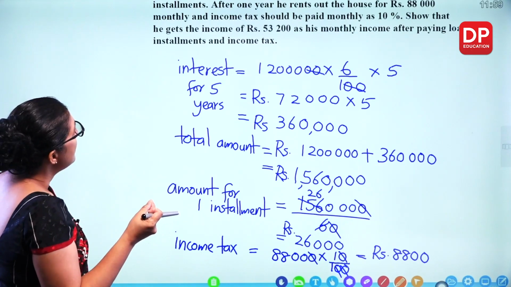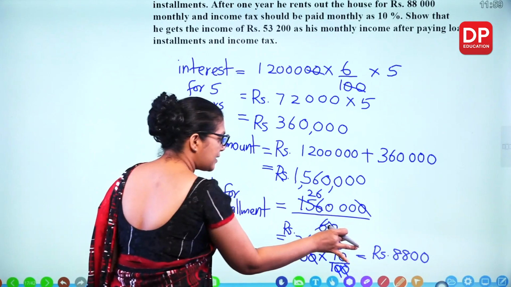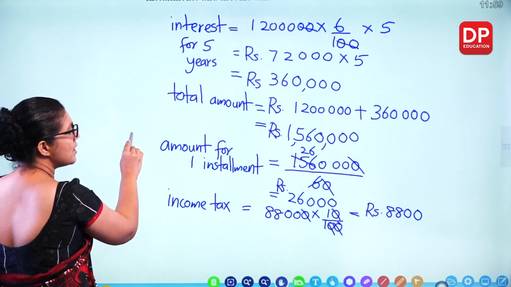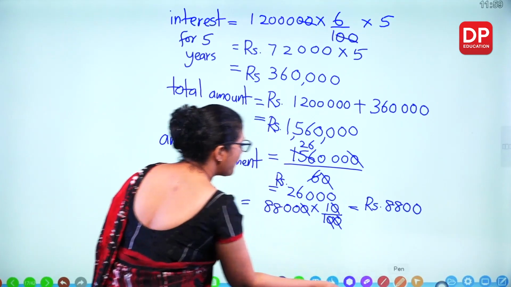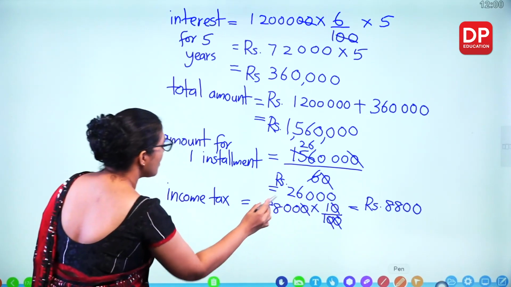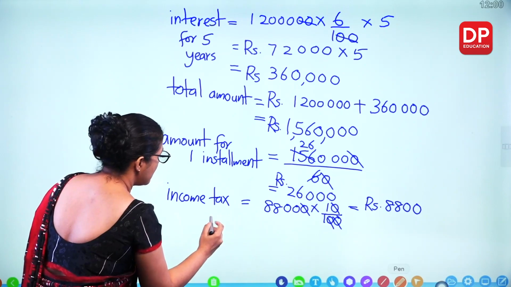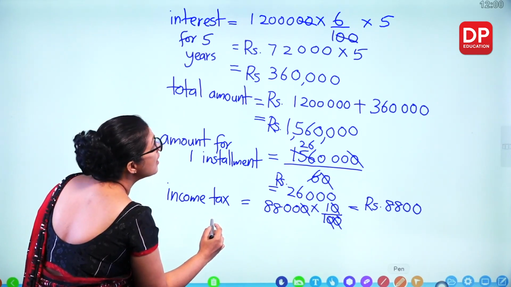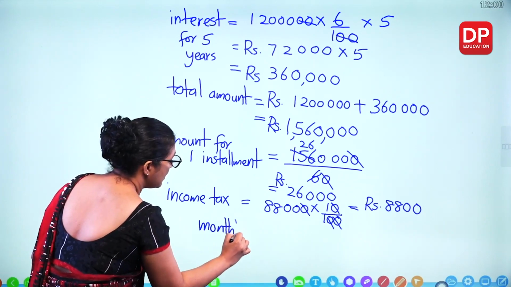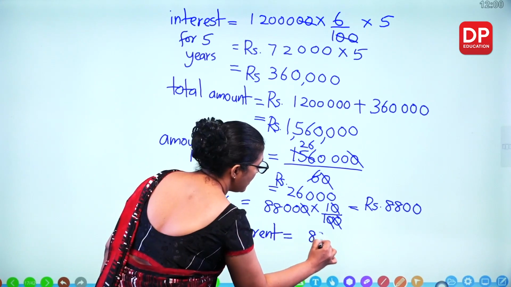And show that he gets income. So 88,000 rupees monthly and subtract 8,800. What's the amount? So this is, we can find out monthly rent 88,000.